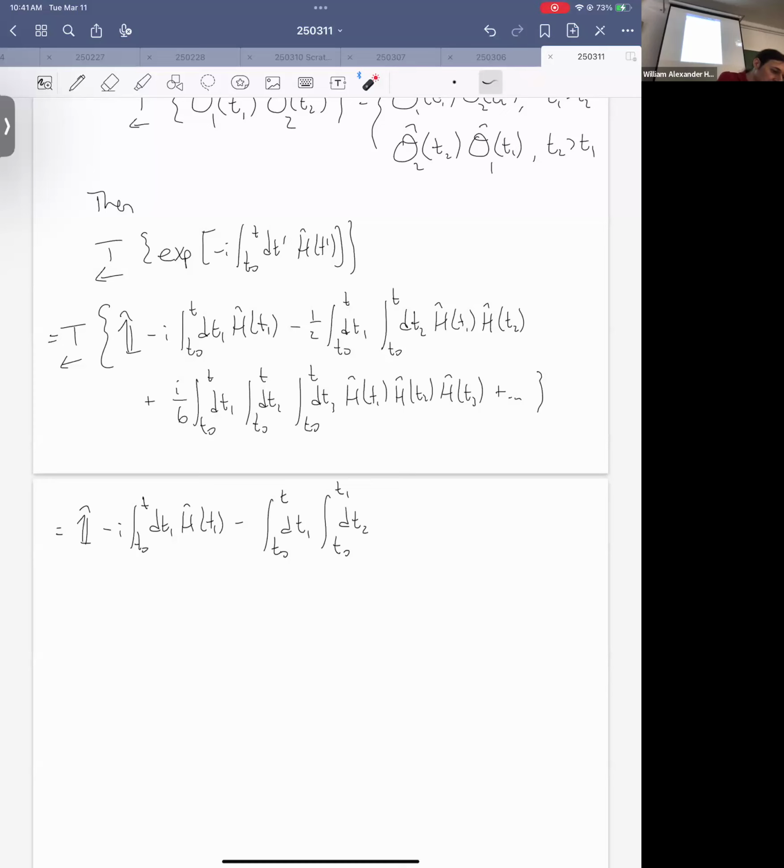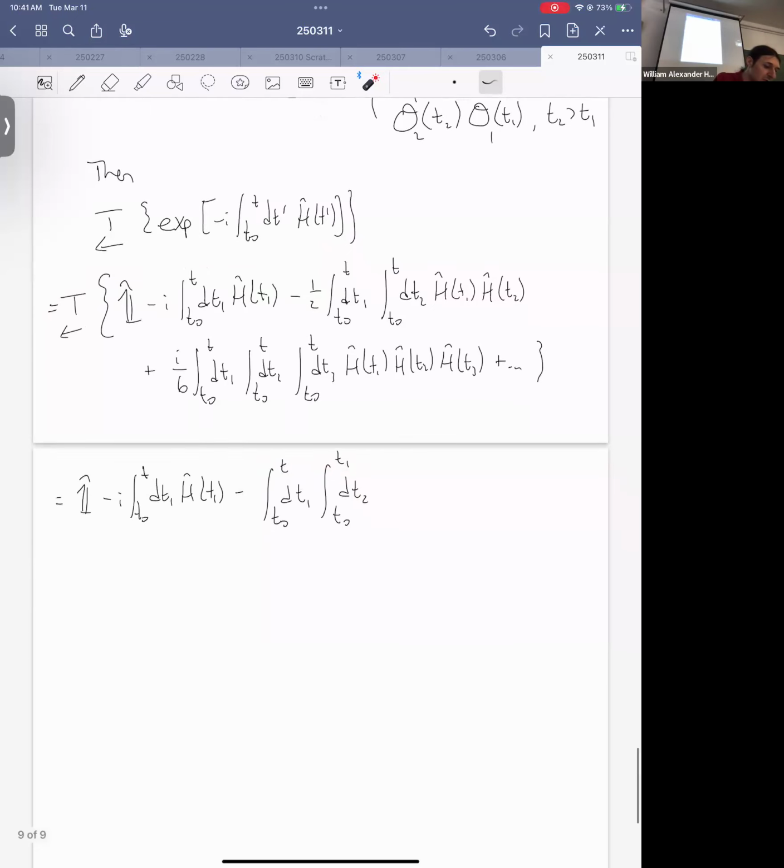Notice the upper bounds. Up here with the time ordering symbol, my upper bounds are T, with my lower bounds being T0. Here now, my upper bound for T1 is T, with a lower bound of T0, but my upper bound of T2 is T1. So my T2 is always less than T1. And so then I get Hamiltonian T1, Hamiltonian T2. Notice the combinatorial factor is gone.